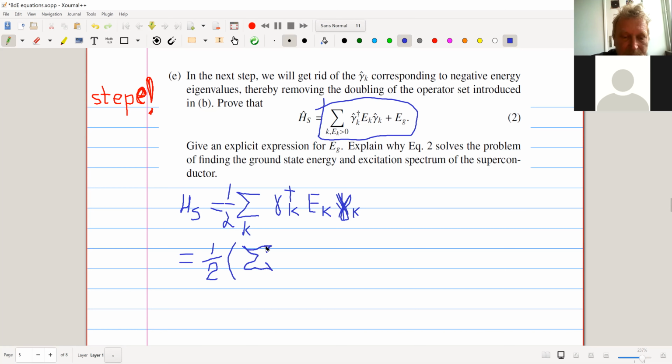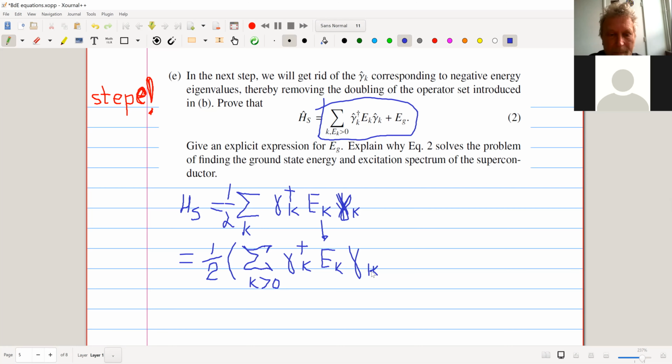Basically, I separate k into groups, those which have positive energy. Let me write it like this, k with positive energy. And here I write it like this, where energy is positive.